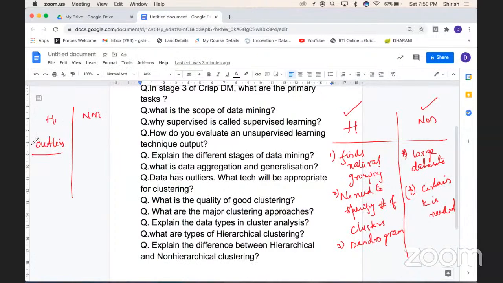With outliers, you will not use hierarchical clustering; it's sensitive. Whenever you choose the Euclidean distance calculation, it requires a lot of computational storage, because you have an n by n matrix. The computation storage is a bad point about hierarchical.